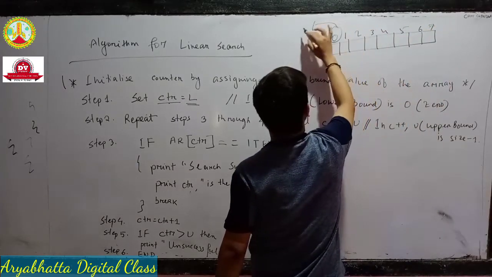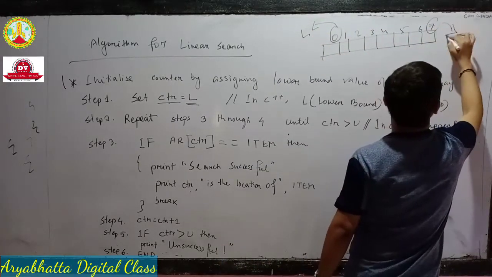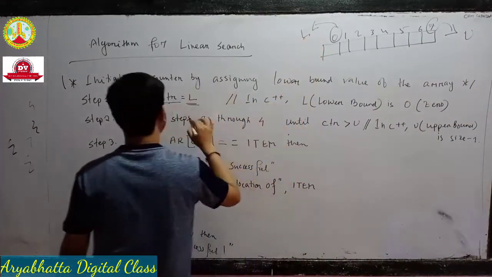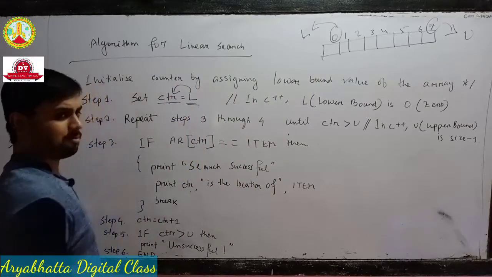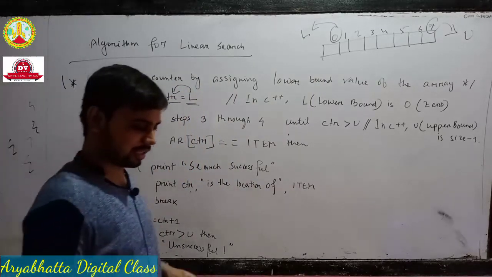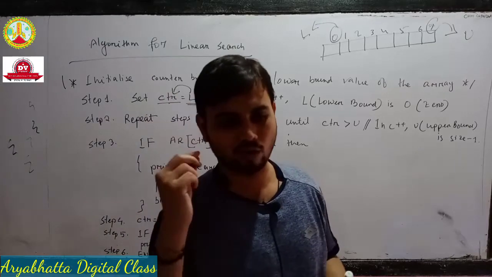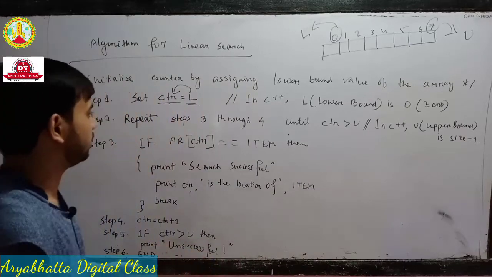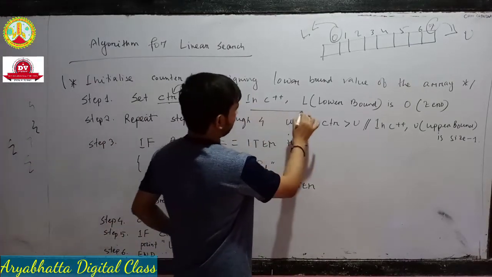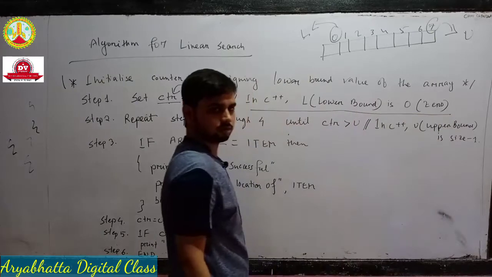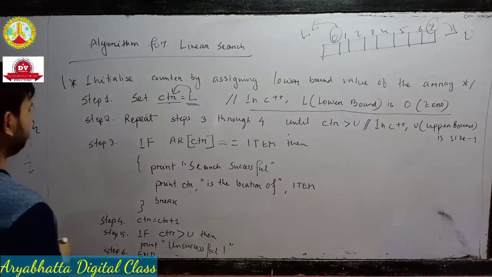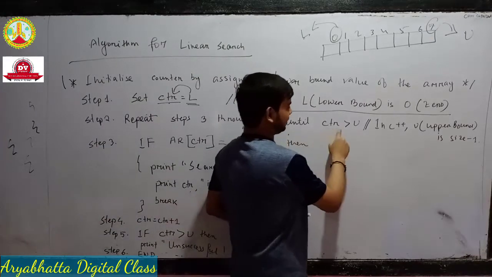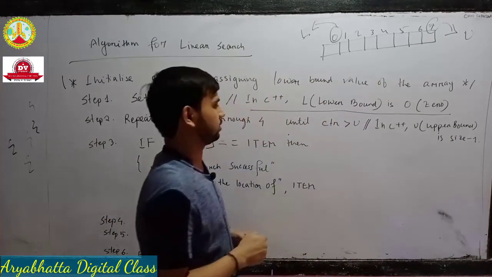This 0 is lower bound and this 7 is upper bound, right? And this lower bound is assigned in CTR. CTR means one counter. We assign a counter where the lower bound value of the array is stored, right? That's why we write in C++ lower bound is 0. Okay? You see, repeat steps 3 through 4 until CTR greater than U. Means what?